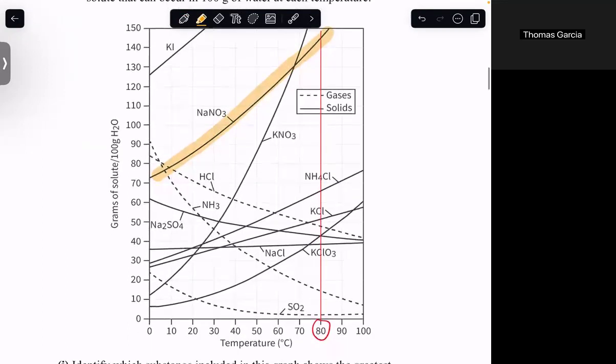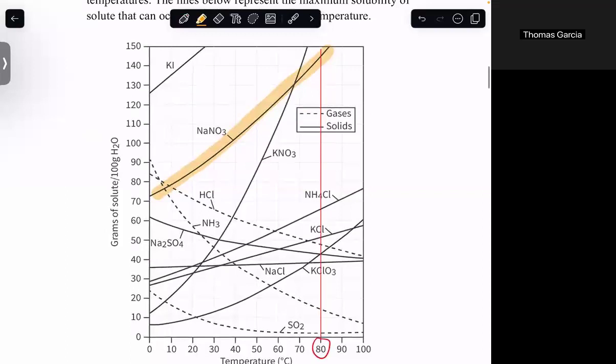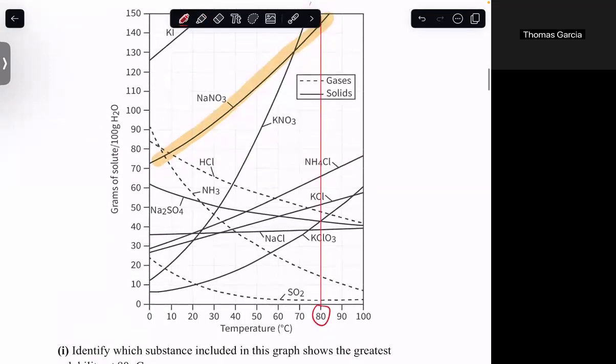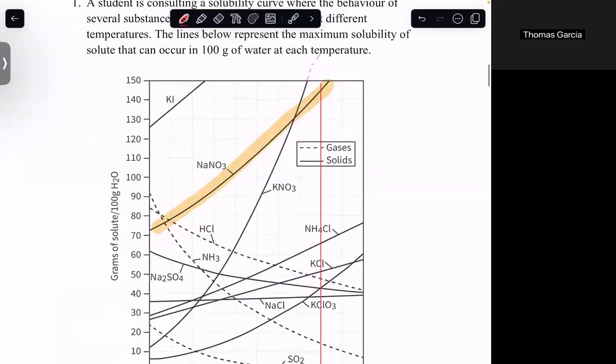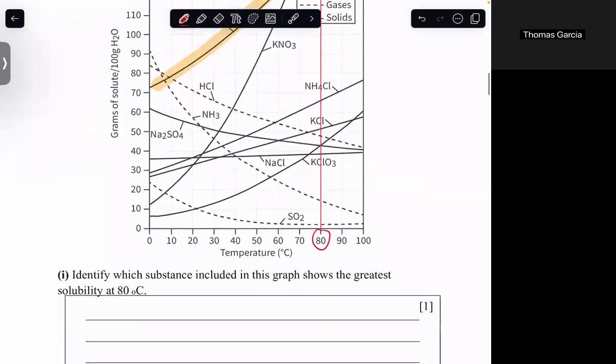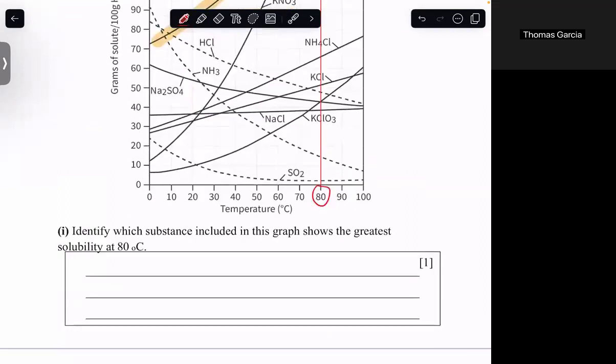However, something to note is that KNO3 is going to achieve a greater solubility if we continue to extrapolate this graph. So on this one, we would say our answer is KNO3.